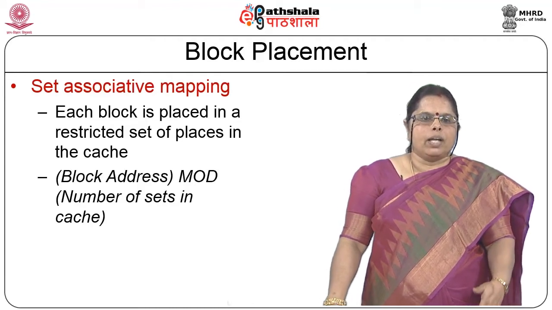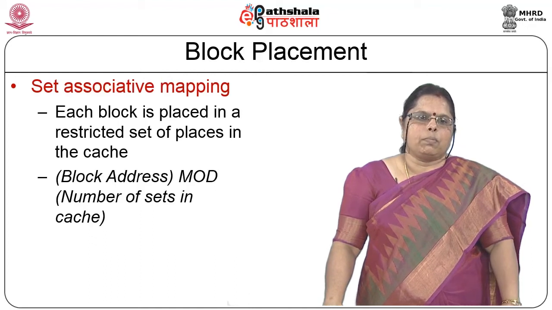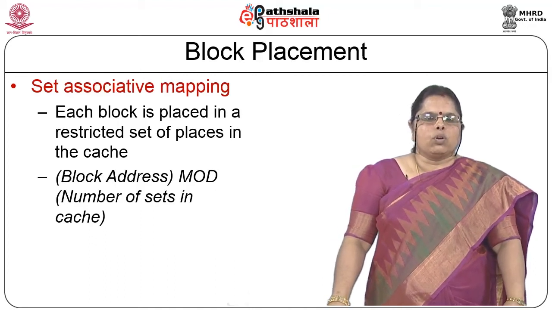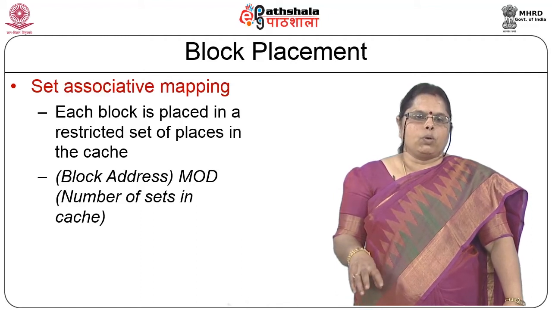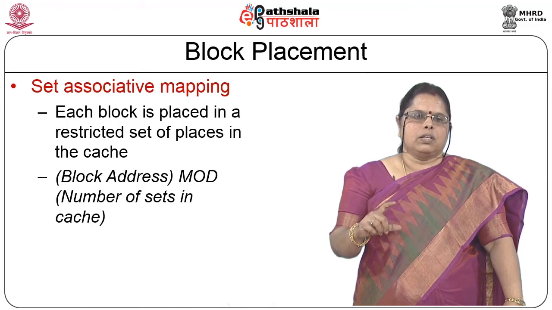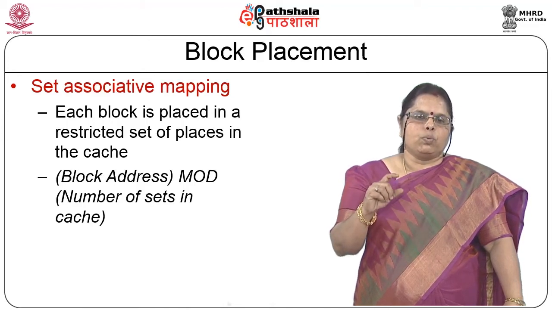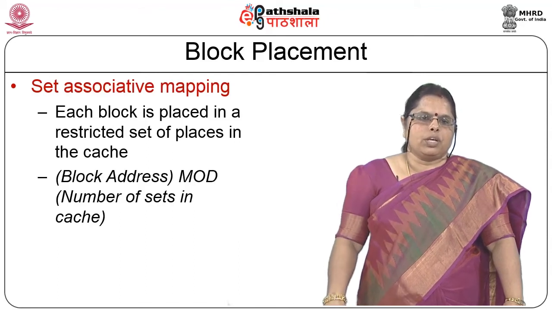To have a via media between direct mapped caches and fully associative mapped caches, we look at what is called set associative mapping. In set associative mapping, the blocks are grouped into what are called sets. If you group two blocks together as a set, it is called two-way set associative mapping.